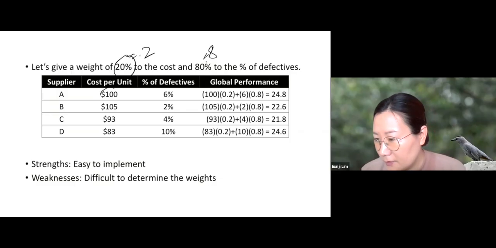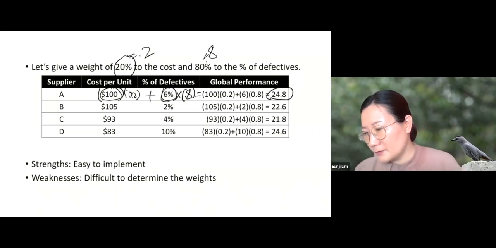And we can compute the global performance of each supplier as follows. What's the global performance of supplier A? You take the cost of A and weight this by the weight, which is 0.2, and take the percentage of defectives multiplied by the weight, and then add them up. Then you get 24.8.